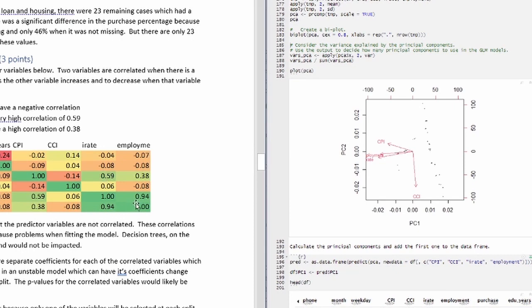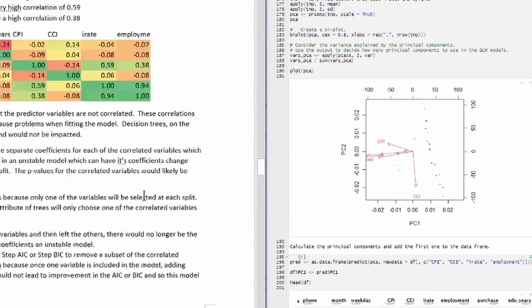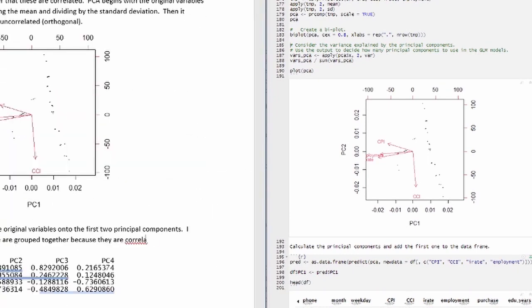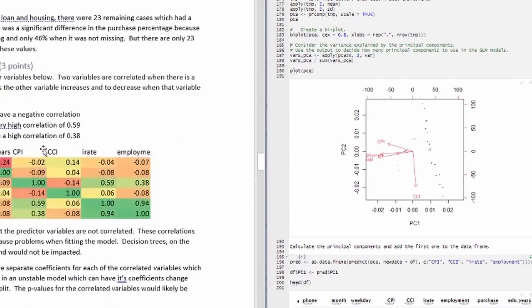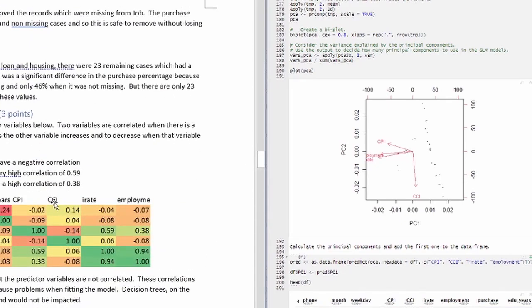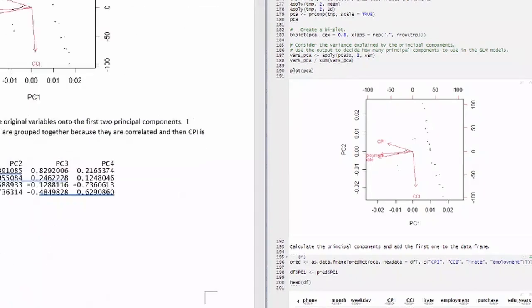I rate and employment have a correlation of 0.9, and then CCI is almost perpendicular. This is about a 90-degree angle, and if you look at the correlation between like I rate and CCI, for instance, the correlation is almost 0.06, which makes sense because the correlation between CCI and I rate is 0.06.